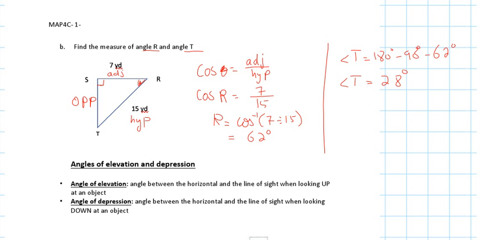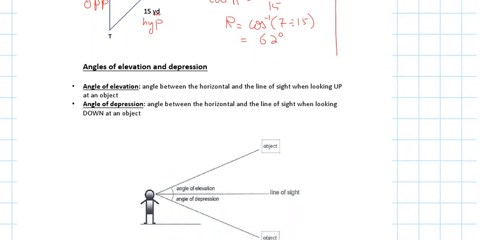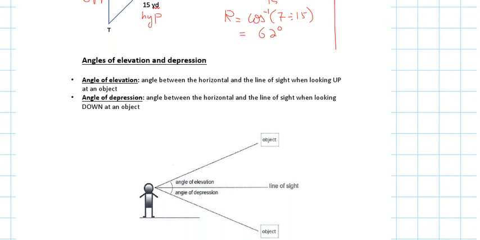Now, when it comes to word problems, you're going to see a couple of vocabulary terms that you should know when you see them. When they say an angle of elevation, they mean an angle measured between the horizontal line and the line of sight when you're looking up.